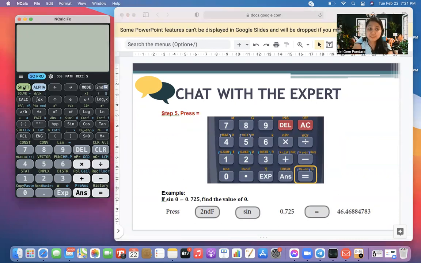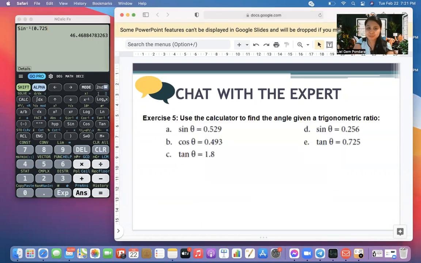So press the second function, press sine, press 0.725. The answer is 46.46884783. Or we can simply say 46.47 degrees.